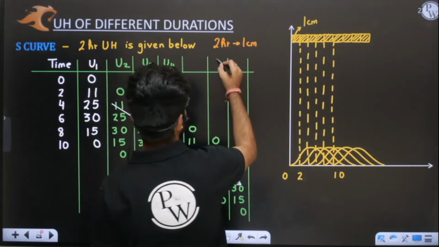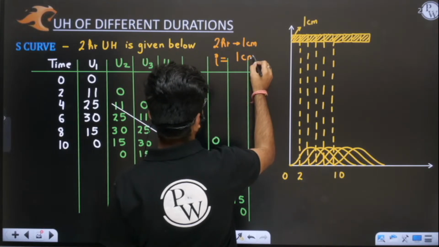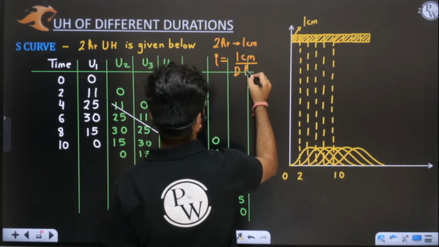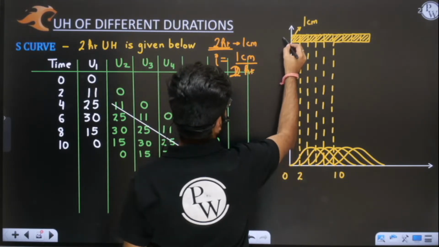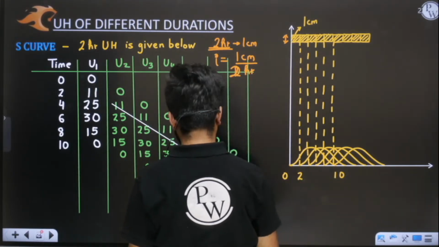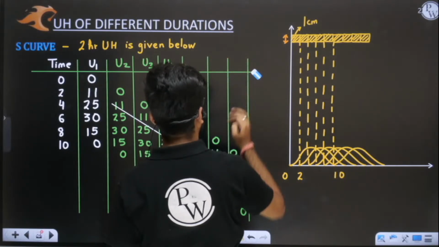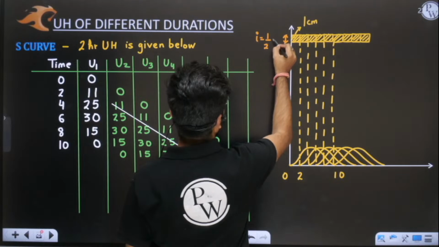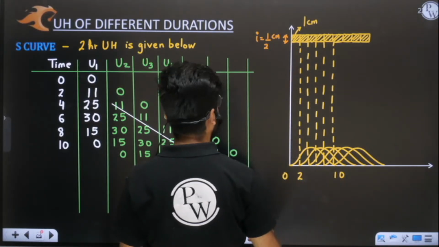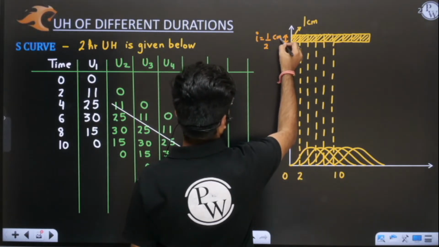So intensity will be 1 centimeter upon d, and d means 2. Duration is 2, so this intensity is 1 by 2 centimeter per hour. We will keep it constant.